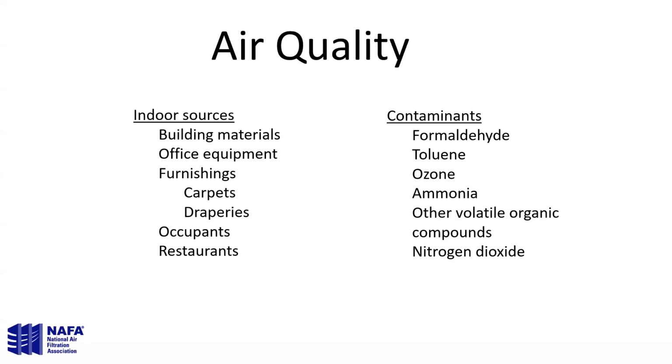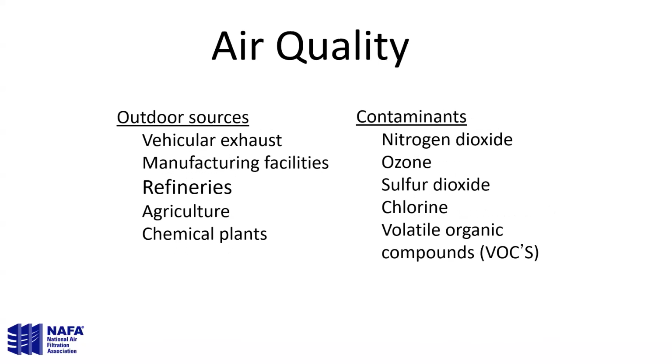The next air quality market we talk about is the outdoor sources, because obviously you bring those in. Well, it's vehicular exhaust. Maybe you're located downwind of a refinery, or maybe you're located downwind of a wastewater treatment plant. Maybe you're near a manufacturing facility that even though they may put filters in, there still is an odor that comes.